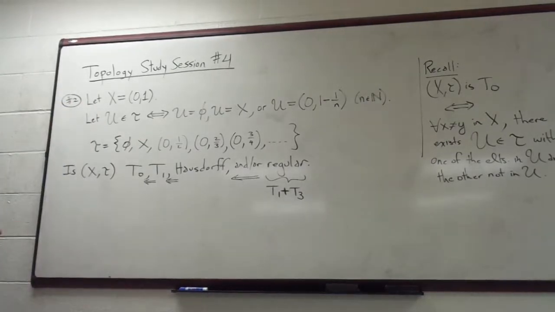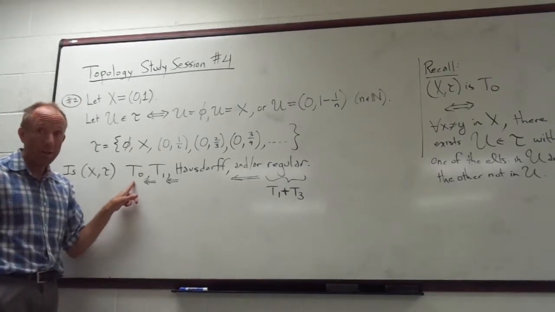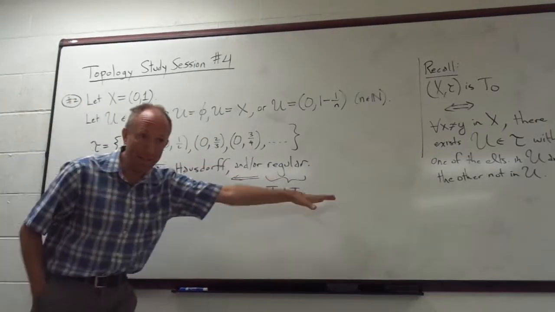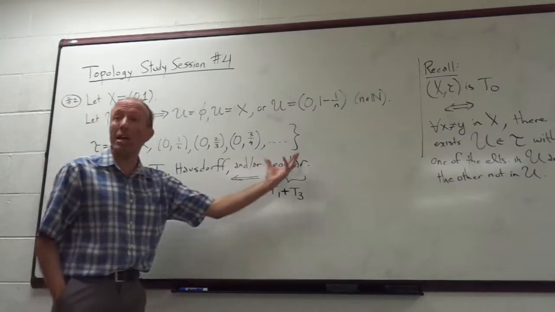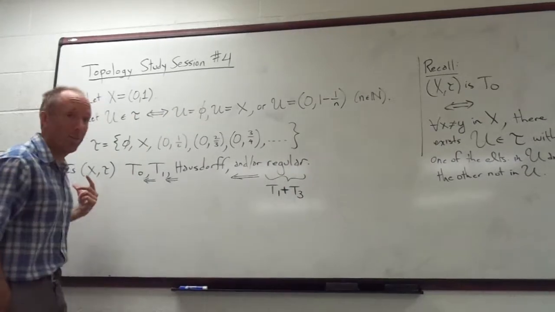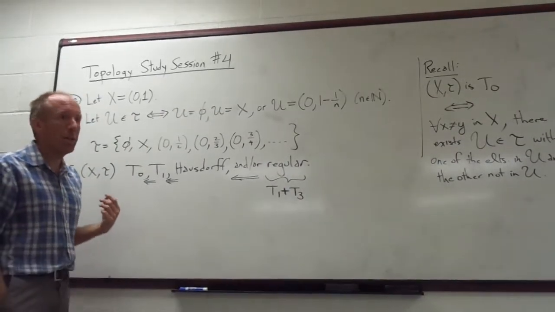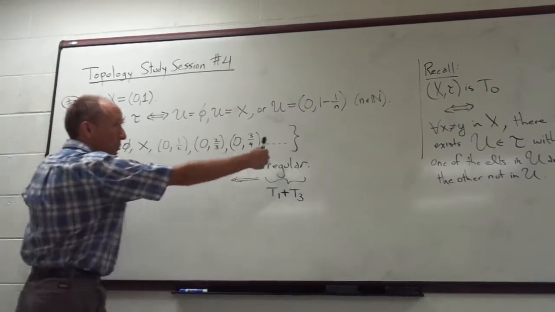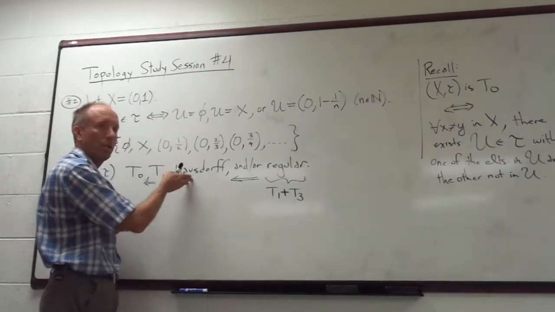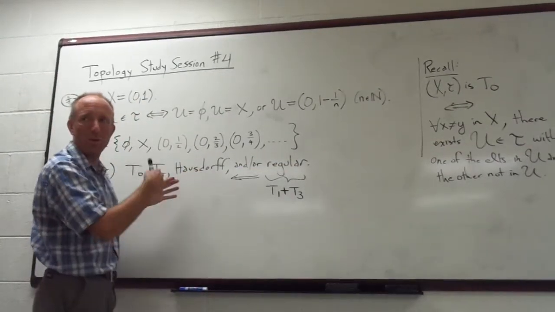So, for example, if it's not T0, then it can't be any of these. Or the other way around, if it is regular, then it has to be all of these. So I would suggest if you get a question like this that you start on one end or the other. Don't just start with the middle, because then you're not going to know which way to go from there.